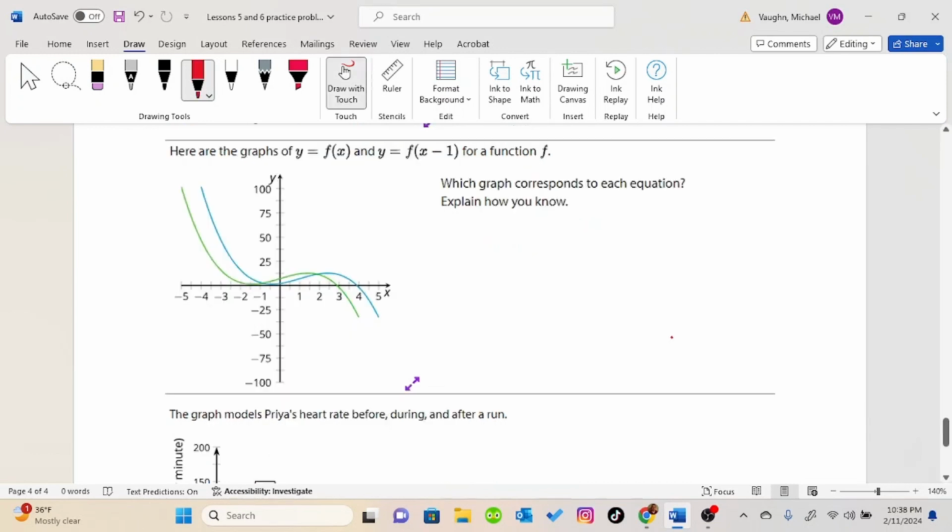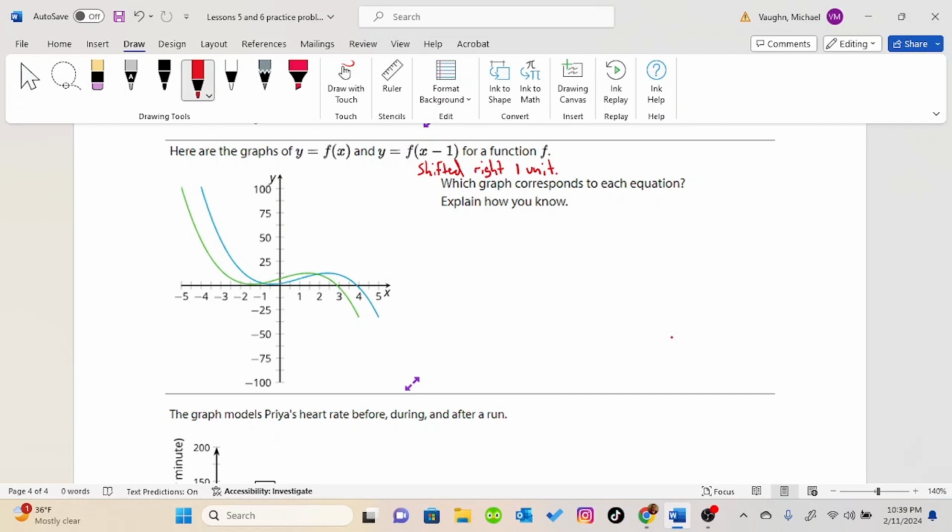Here are the graphs of y equals f of x and y equals f of x minus 1 for a function f. Which graph corresponds to each equation? Explain how you know. Well, f of x minus 1 means this was shifted right 1 unit.